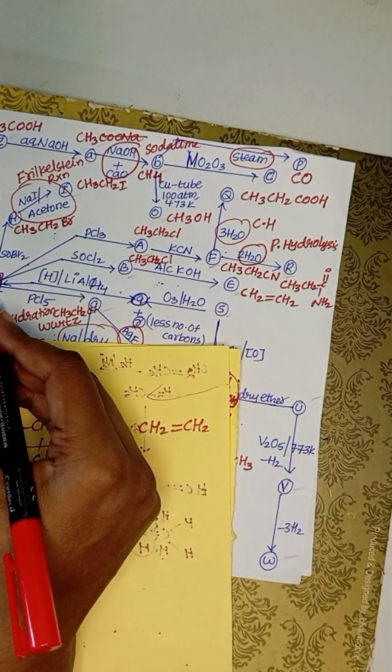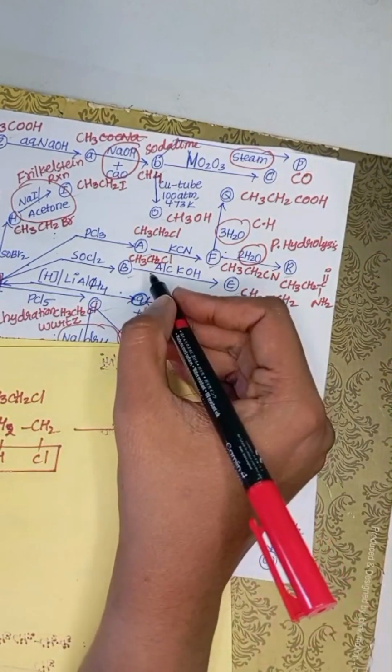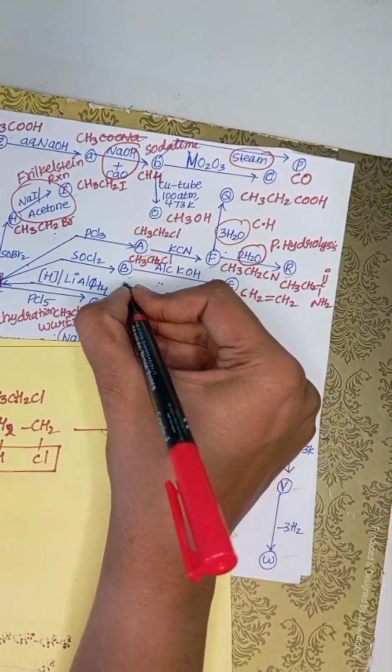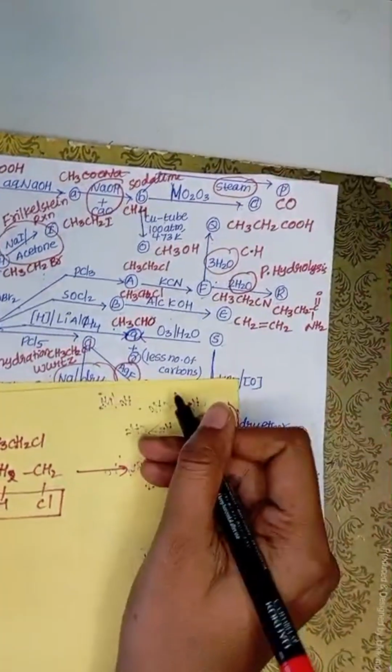Ethyl alcohol is usually formed by reduction with lithium aluminum hydride, so the starting compound is definitely acetaldehyde.